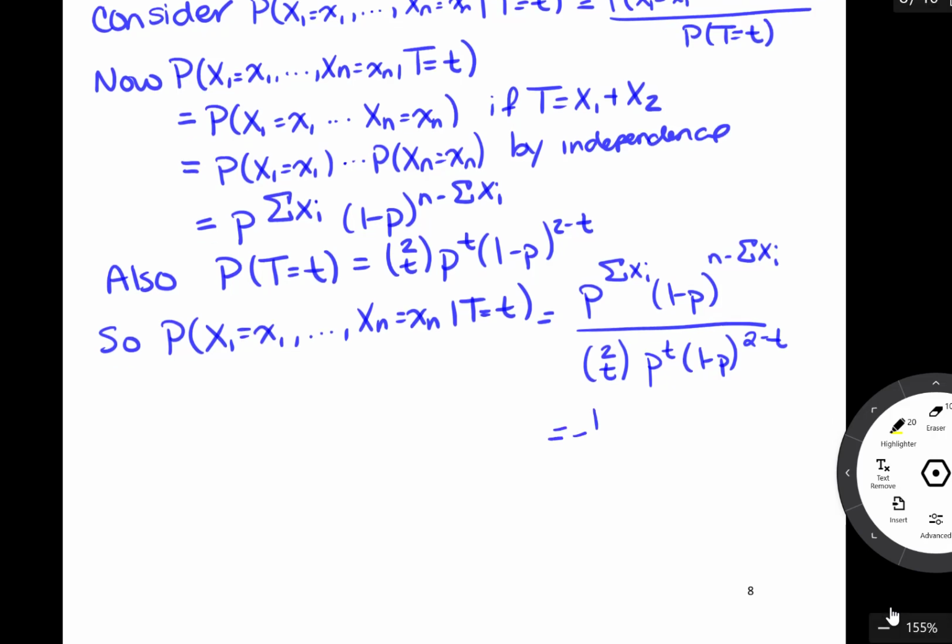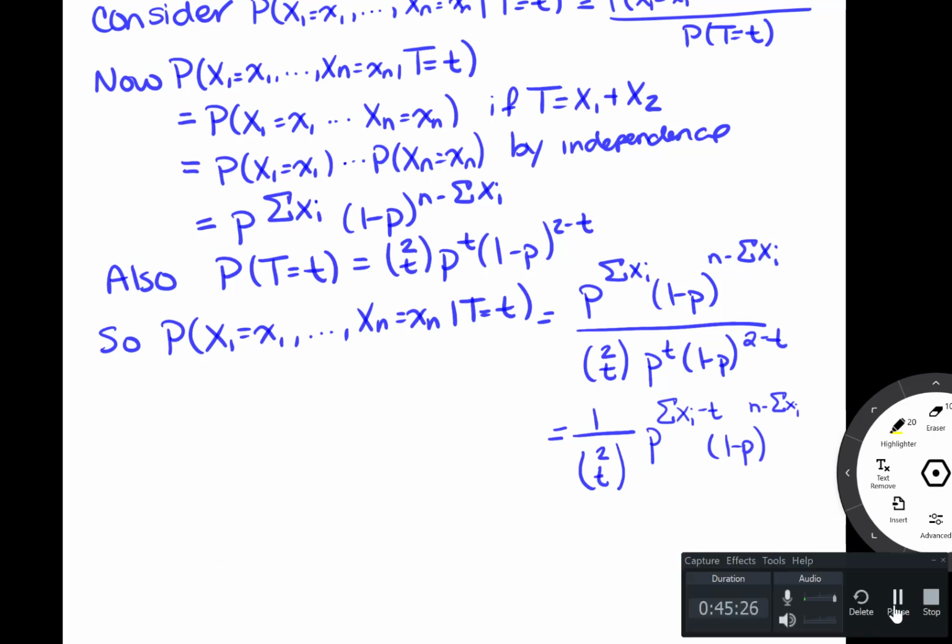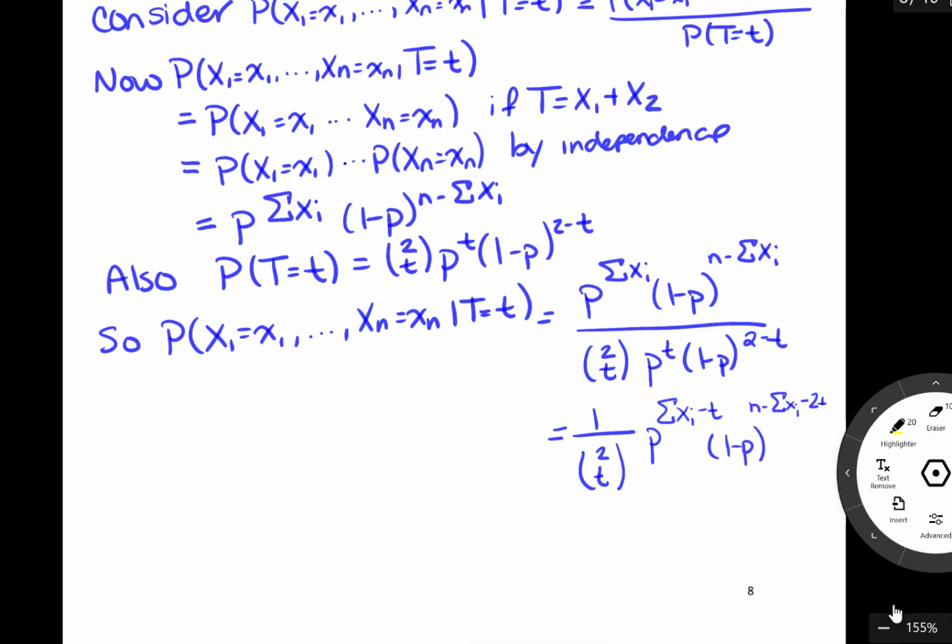Then this becomes, so we've got 1 over 2 choose t, p to the sum of the xi minus t, 1 minus p to the n minus the sum of the xi minus 2 plus t.